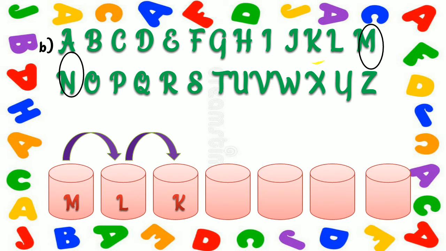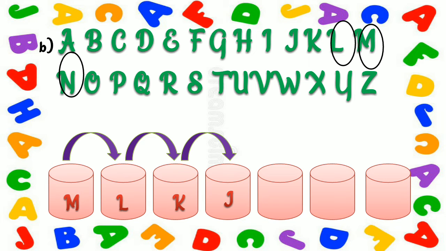Here K, because here we see M, then L, then K. Then which is the next letter? So here we see J. So J is the next letter. So here we write J.